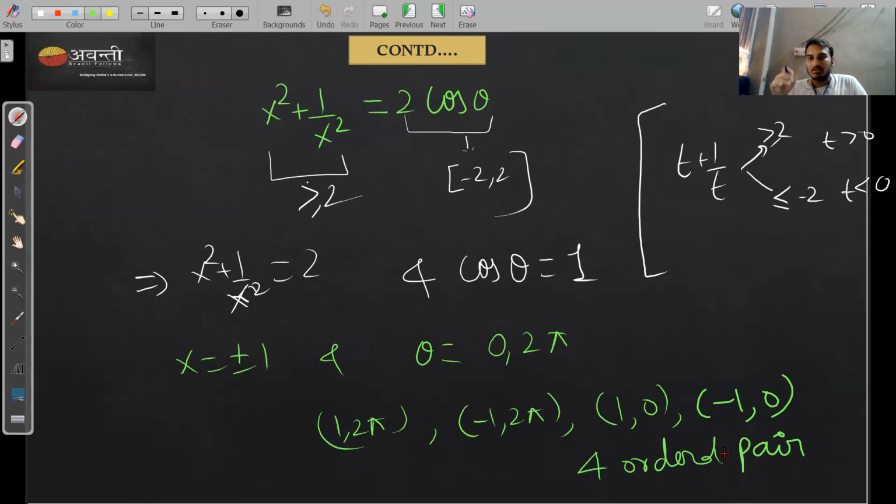So this type of question can be done with logic also, right? In the previous question, we used the hit and trial method. Here we didn't need the hit and trial method, because there is only one way that this equality holds, and it is at 2, right? Okay, so this thing is clear, right?